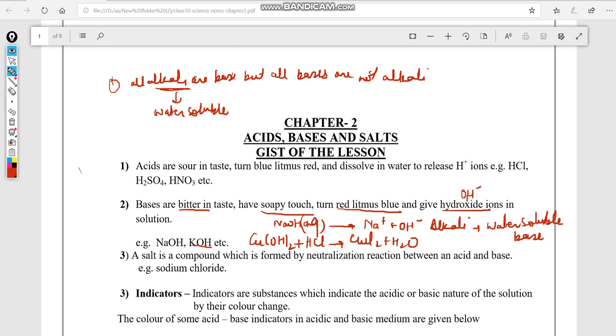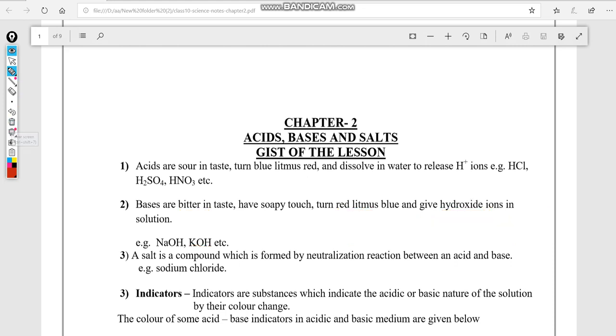What do you understand by salt? A compound formed by neutralization between acid and base. For example, sodium hydroxide reacts with HCl to form sodium chloride plus water, and the reaction is exothermic in nature, hence plus delta H. Delta H indicates heat, and this heat is released in the neutralization reaction, hence also known as enthalpy of neutralization.